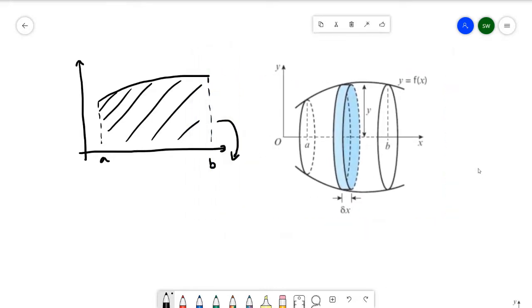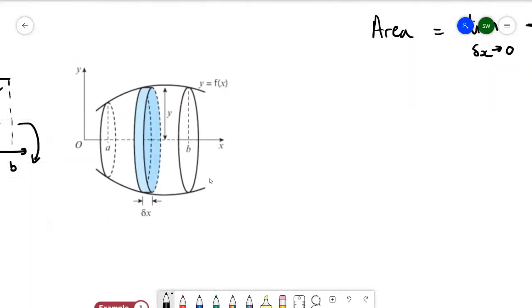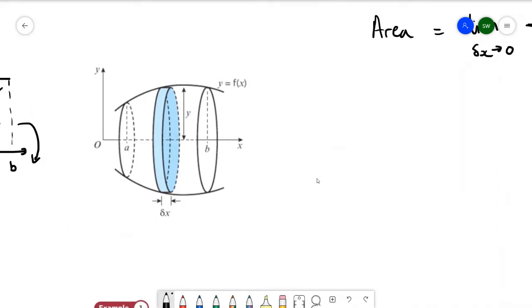So we're going to do a similar thing that we did before, and we're going to try and derive a formula for the volume. So the volume is approximately equal to, imagine splitting this volume up into lots of different cylinders, and the height of each cylinder is delta x. So one way of approximating the volume of this shape would be to add up the volume of each of these cylinders.